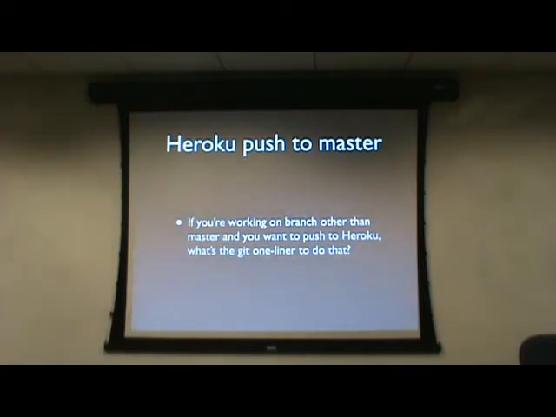So somebody's got to know this one. If you're working on a branch other than master and you want to push to Heroku, what's the Git one-liner to do that? Because, of course, if you're going to push to Heroku, you have to push to master. Git push heroku your-branch-name:master. That's good enough. It's branch name colon master.